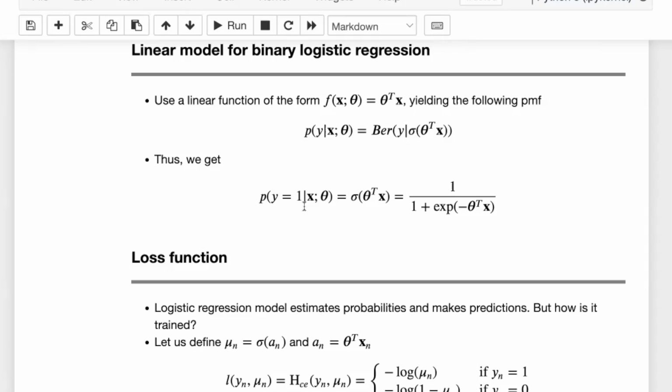But if for some reason class 1 is a very important class and you want to make sure that you are not misclassifying data points by saying that they belong to class 1 when they don't, then you can increase the threshold for the probability and say that, well, I only assign a data point to class 1 if this probability is above 80 or 90%.